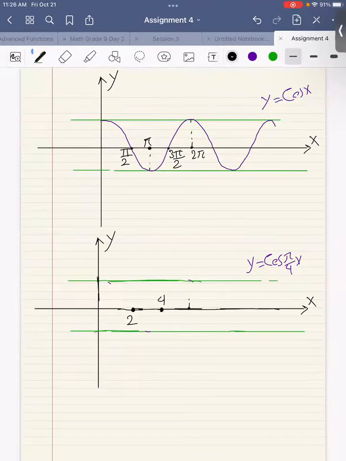And then what is the next x-intercept? It would be, what? x equal to 6.